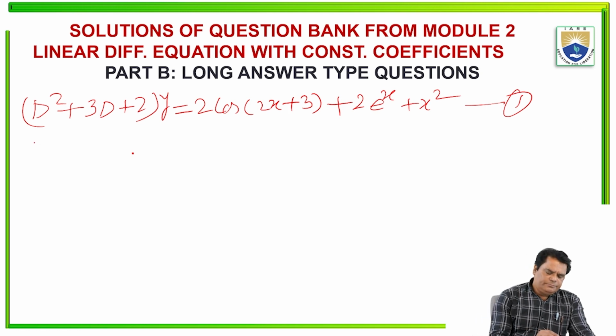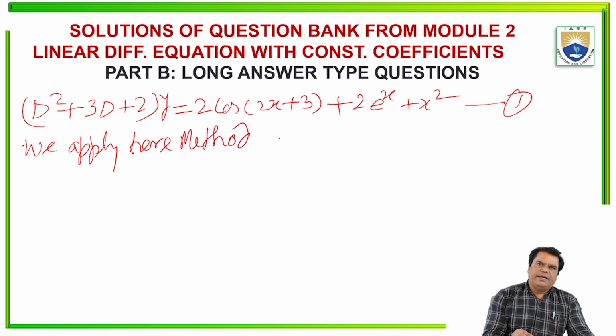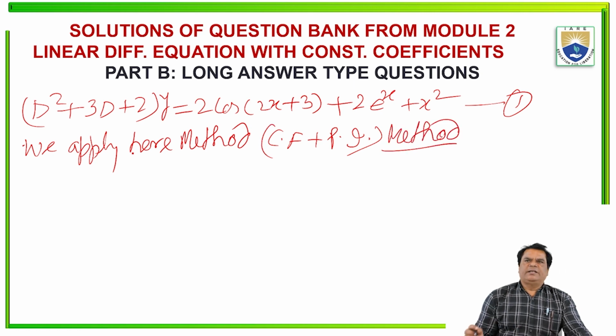First of all, in part A, we apply the CF plus PI method. The name of the method is CF plus PI.